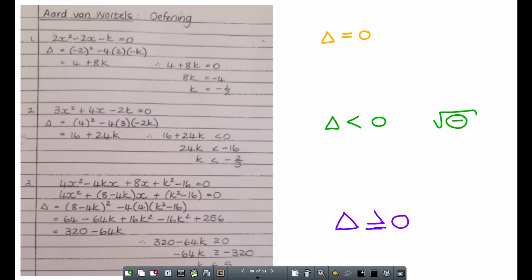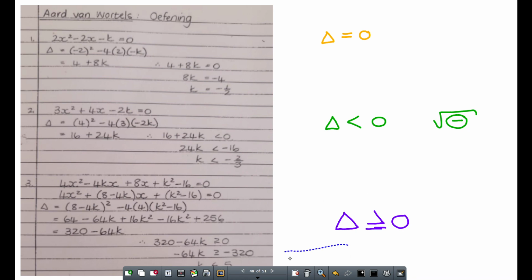So jy gaan uitmaal om daai 64 minus 64k plus 16k kwadraat minus 16k kwadraat plus 256 te kry. That simplified is going to give me 320 minus 64k. Right, now finally het ons vir delta. Now we're going to say, let's make delta greater than or equal to 0.